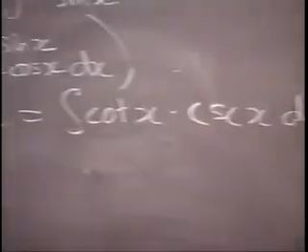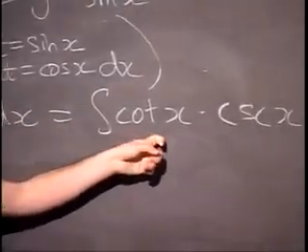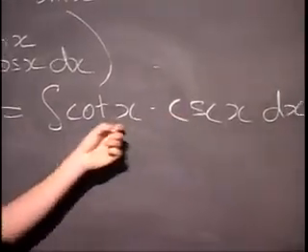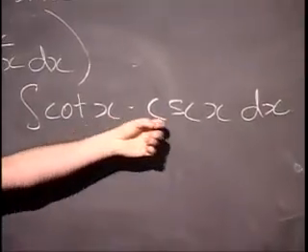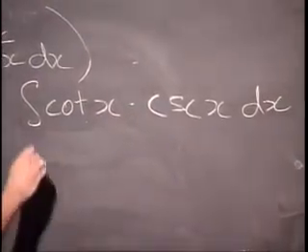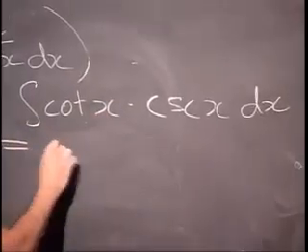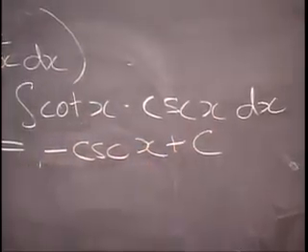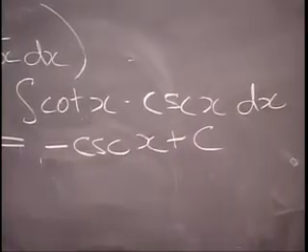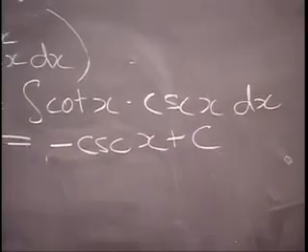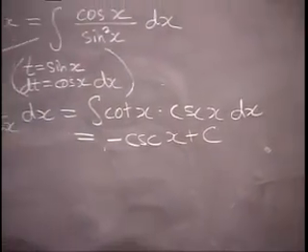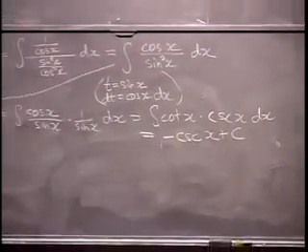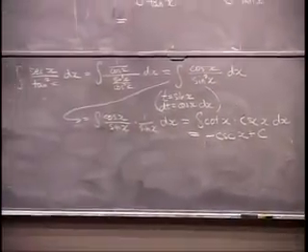And the derivative of cosecant x is just negative cosecant cotangent. So this I recognize as the negative of the derivative of cosecant x. And how about that? A miracle. Again, if you do the substitution, you should get negative 1 over sine x, which is the same thing.